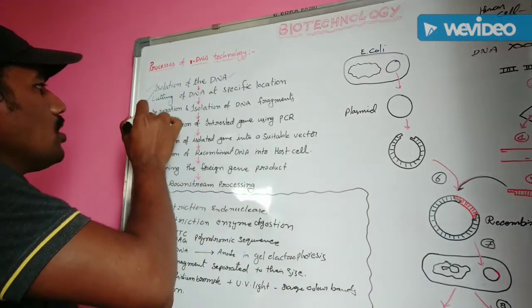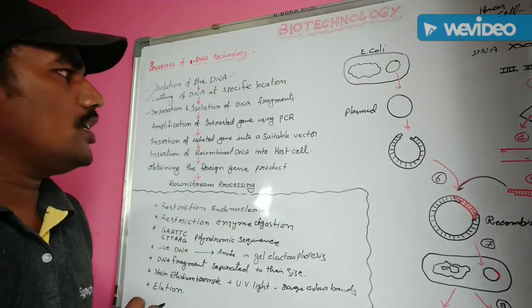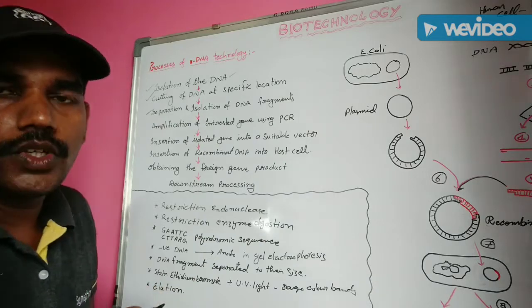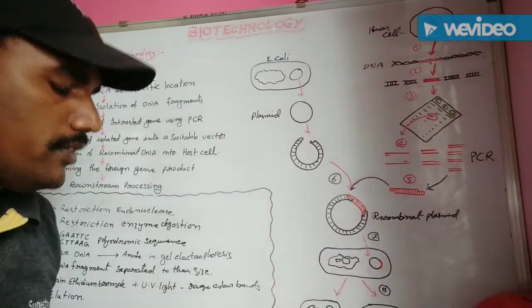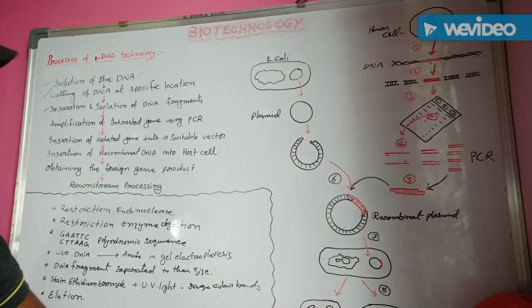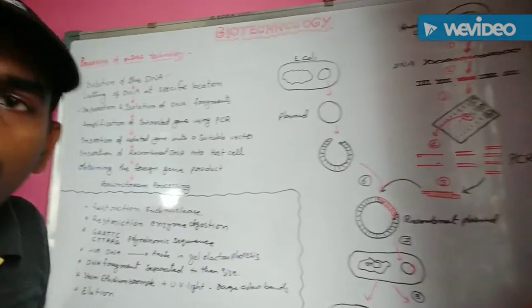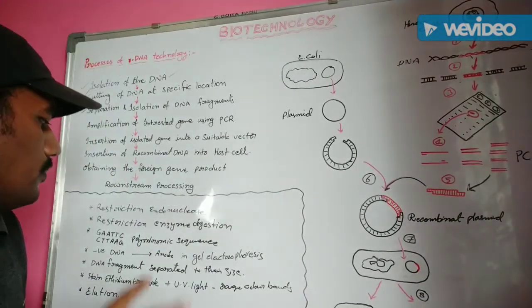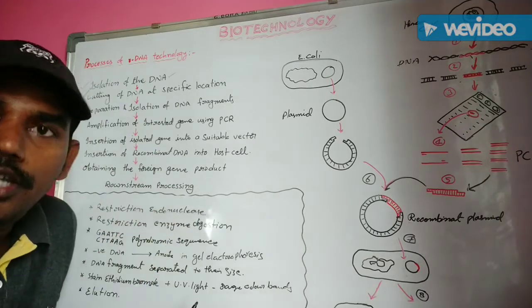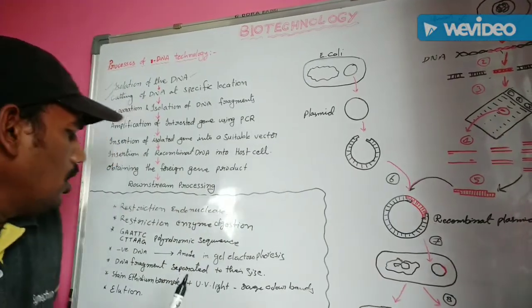Next, the process of separation and isolation of the DNA fragment. In this process, some restriction endonucleases are helpful for the restriction of DNA.